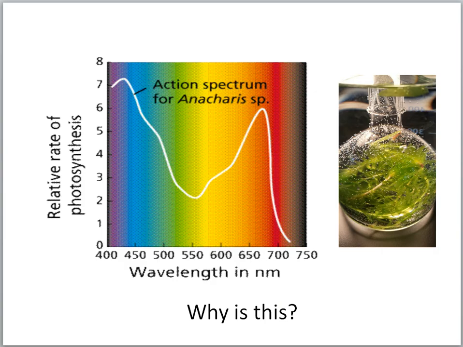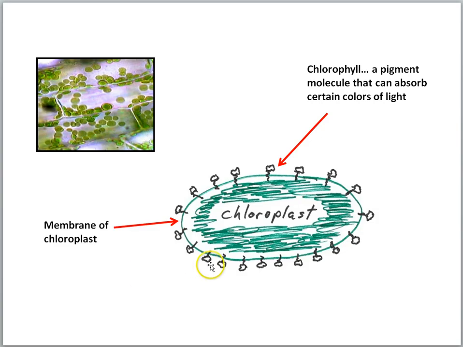Well, the answer to that question has to do with how chloroplasts, the site of photosynthesis, interact with light. Now, scientists have learned, remember the chloroplasts are the green structures here, that on the membrane of the chloroplast, all around the membrane, inserted into the membrane, are very important molecules called chlorophyll.